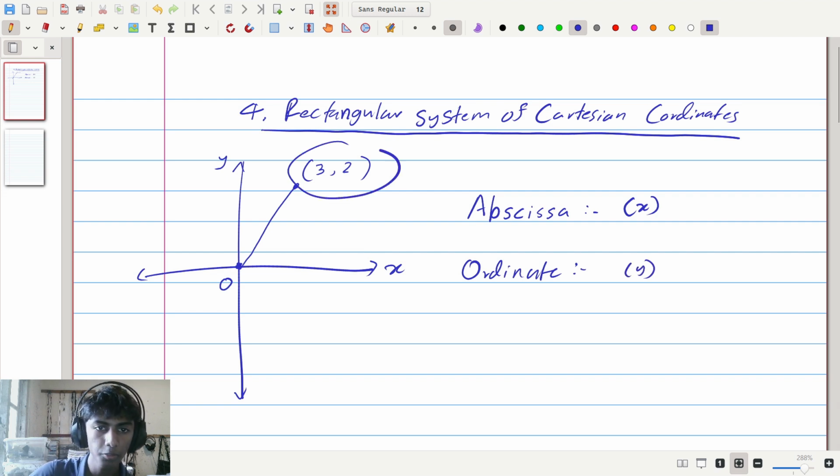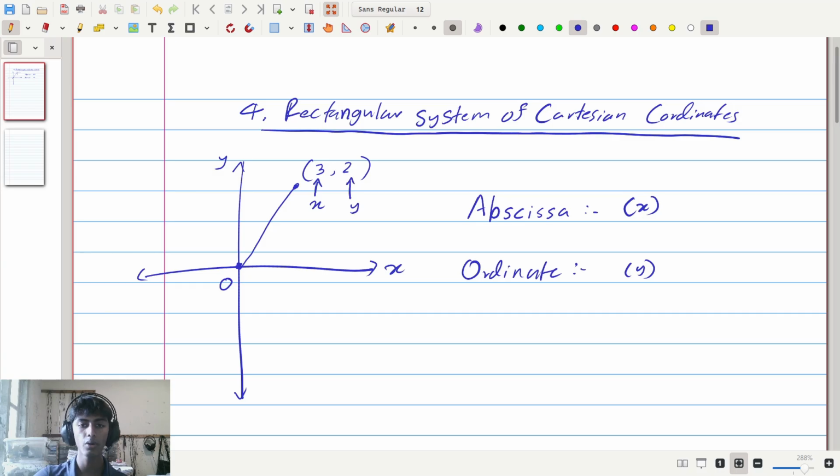So in this particular point that I've labeled here, 3, 2, we read it from left to right, and the first number that we have is the x coordinate, which is the abscissa, and the second number we have is the y coordinate or the ordinate. So these two words are there in our syllabus, we learn them, but more commonly you will always see a person, or anyone really, saying x and y rather than abscissa and ordinate.